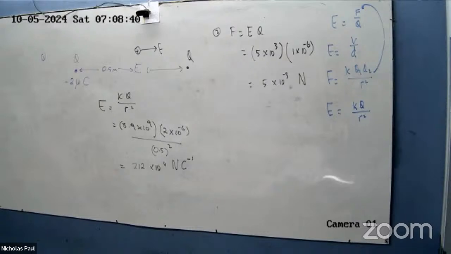Two point charges, 5 microcoulombs and minus 3 microcoulombs, are placed 1 meter apart.